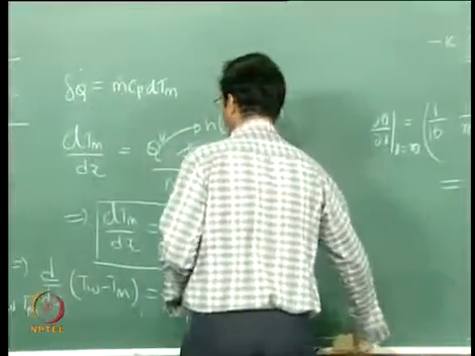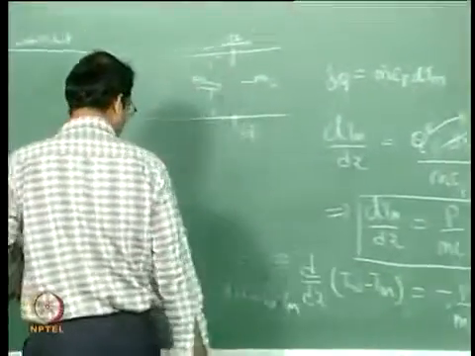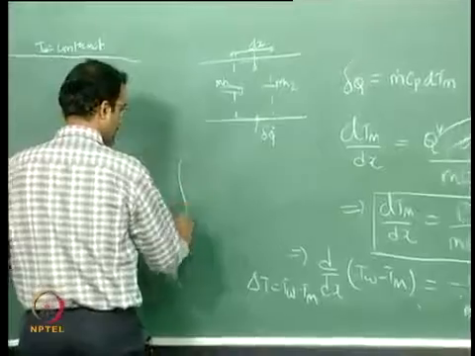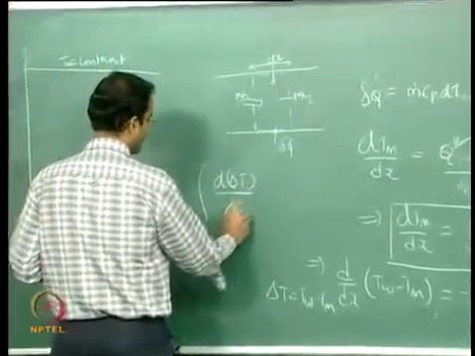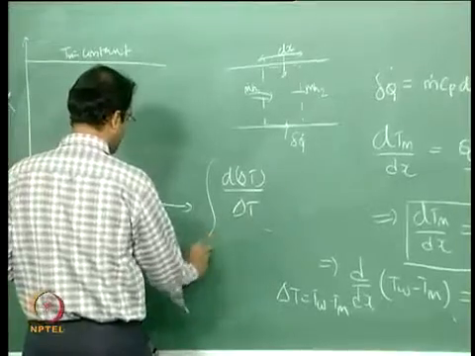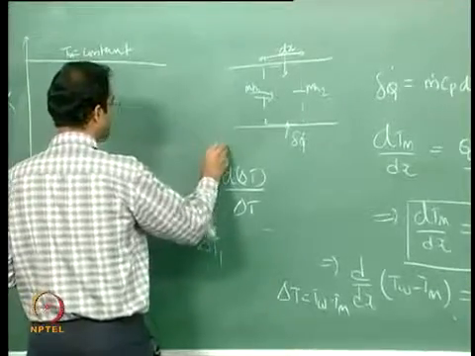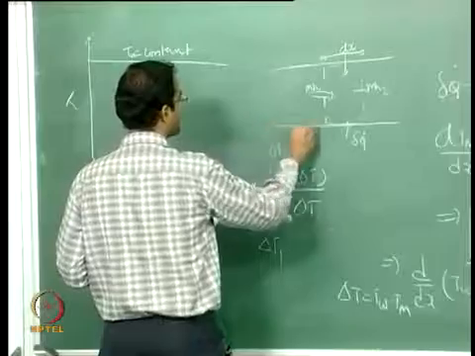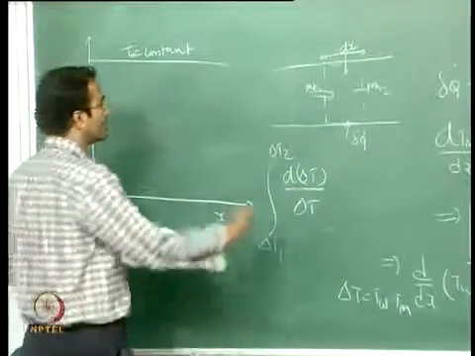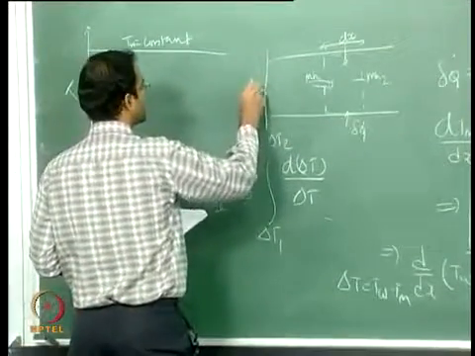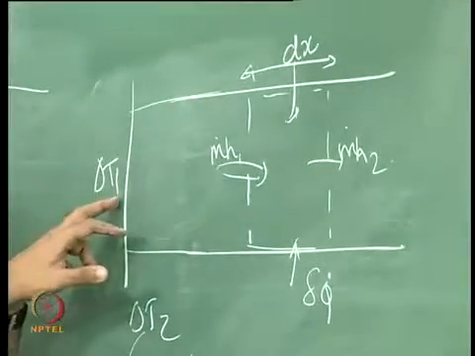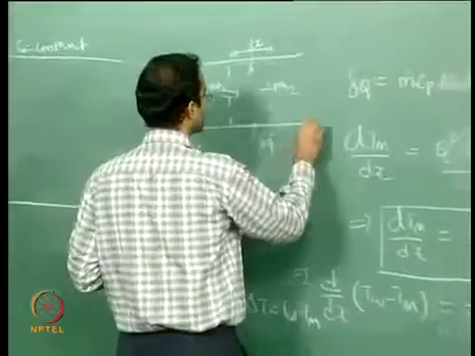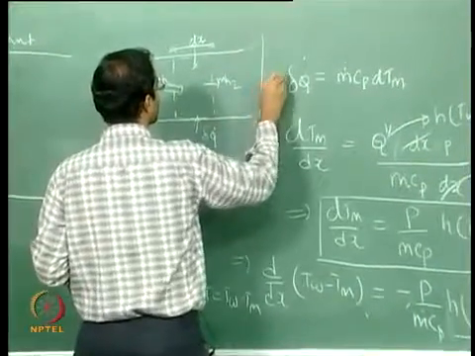With this you can integrate this expression, so this will be d delta T by delta T. You can integrate this from delta T1 to delta T2. So what it means, if you have a long duct, at the inlet that will be your delta T1, that is the difference between your wall temperature and the mean temperature, and at the exit somewhere, that is your delta T2.